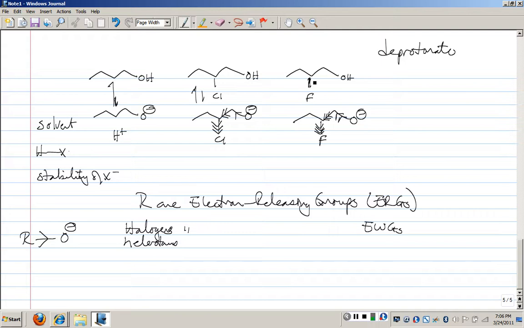So as I change from H to Cl to F, the acidity of the compound increases. You might expect that if I stuck 2 fluorines on, that's an even stronger acid still, because I'll be hemorrhaging electron density from the O minus.